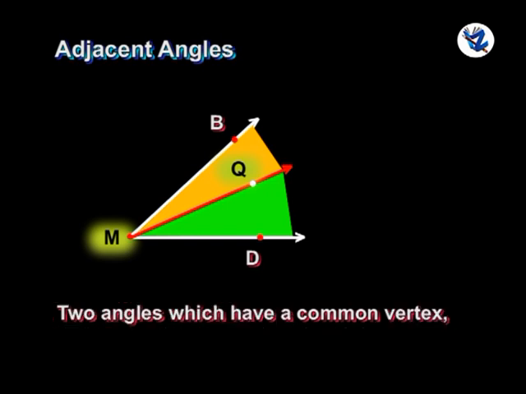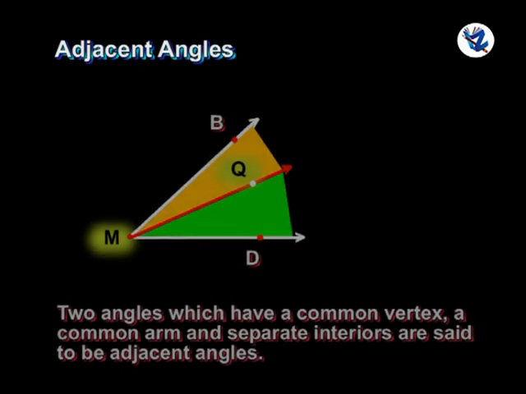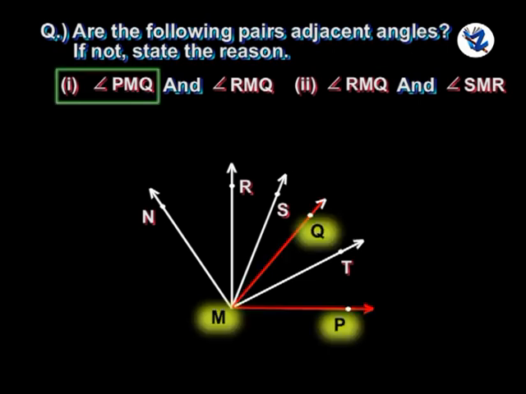So remember students, two angles which have a common vertex, a common arm and separate interiors are said to be adjacent angles. Look at this figure. Are the following pairs adjacent angles? If not, state the reason. So the first pair is angle PMQ and angle RMQ.